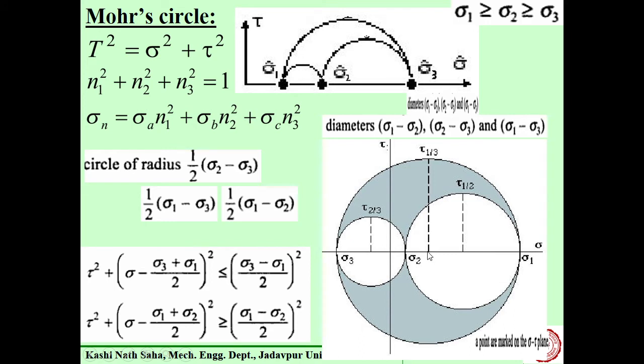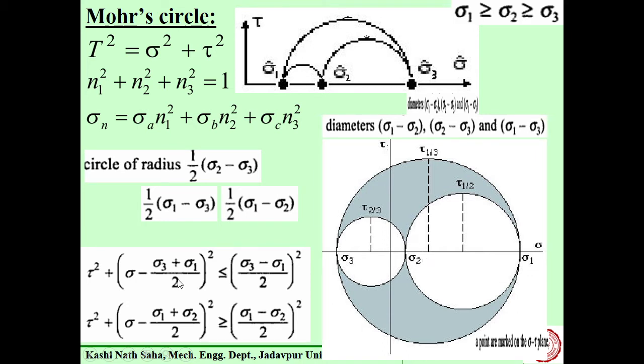So what is the equation here? In the sigma-tau plane, the center of the circle is right on the sigma axis, and the x coordinate of the center is shifted by this much. This is 0 and this value is (sigma 3 plus sigma 1)/2.